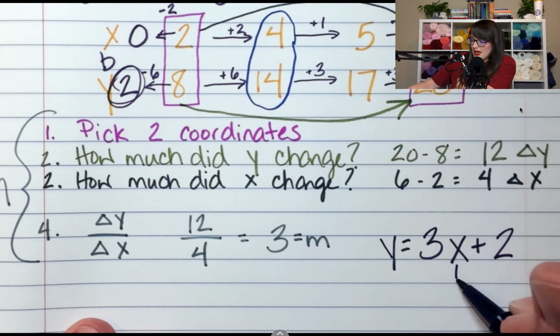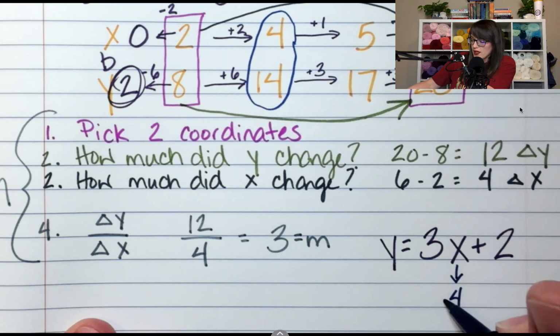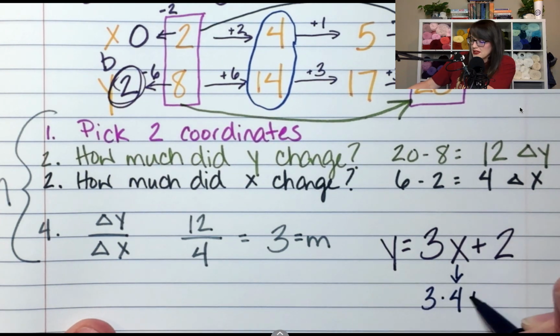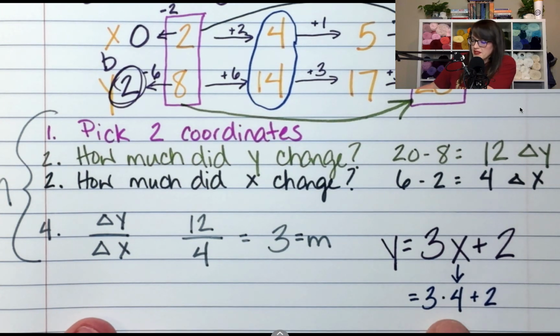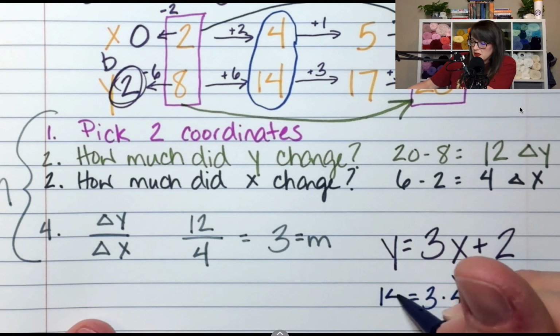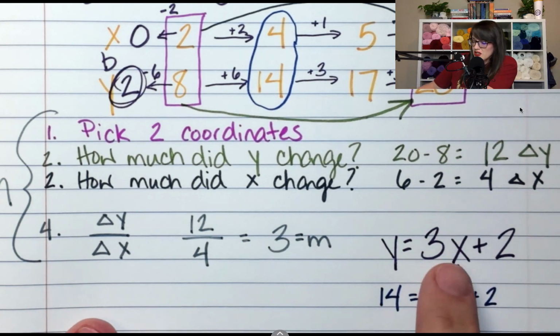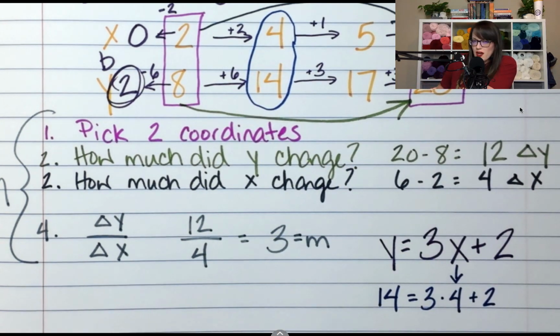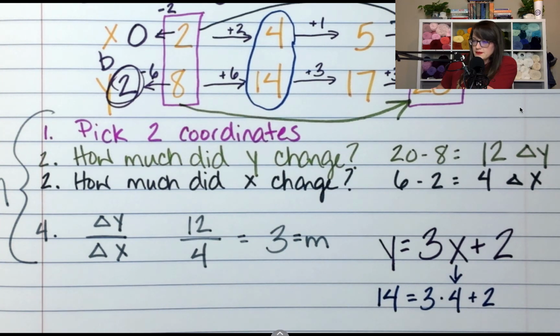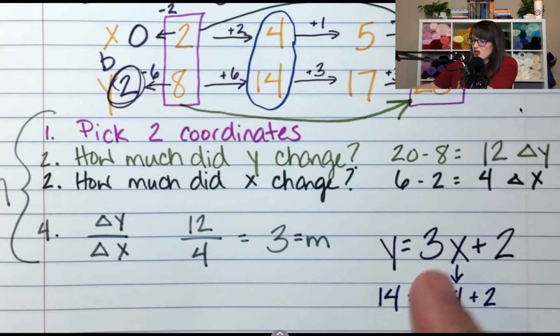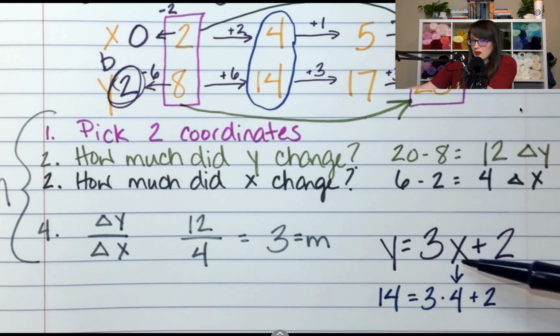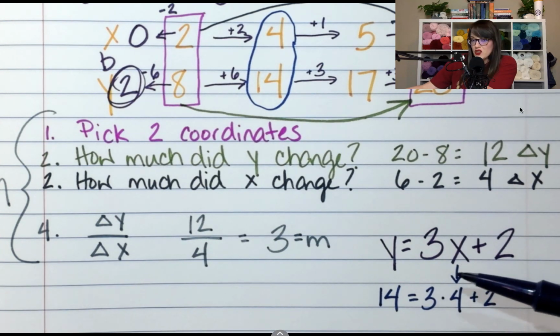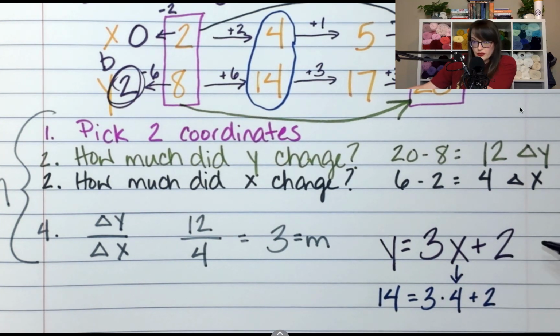If I put x of 4 into this equation I just wrote, what does that equal? 3 times 4 plus 2. It equals 14. So when x is 4, is y 14? Yeah, it works.